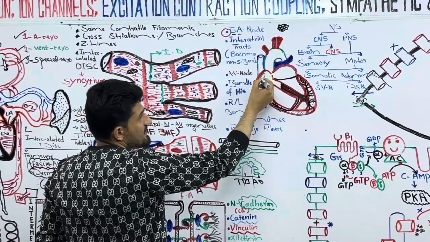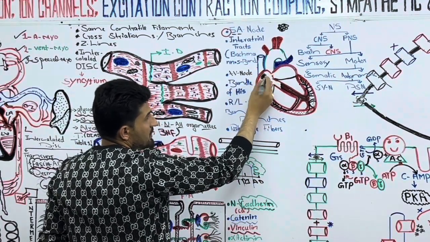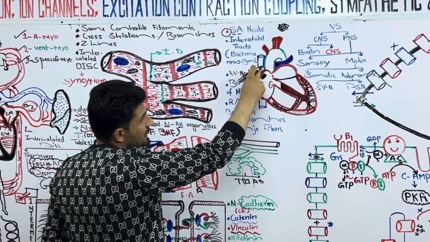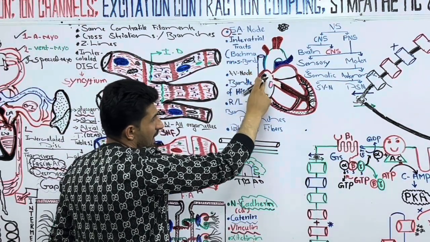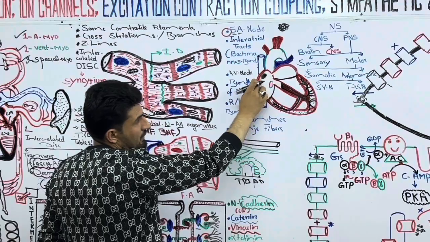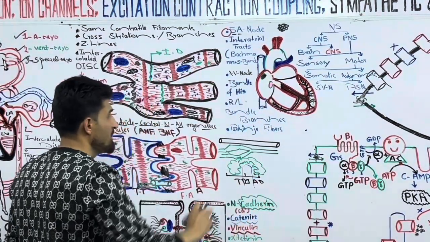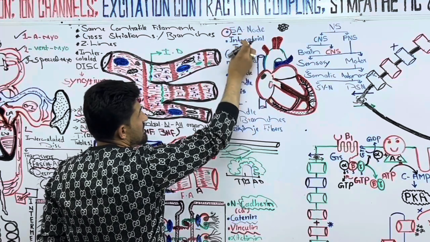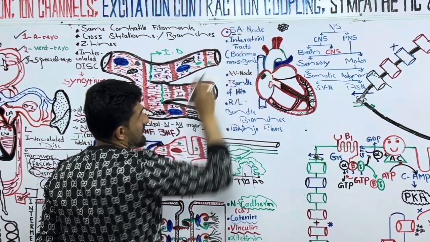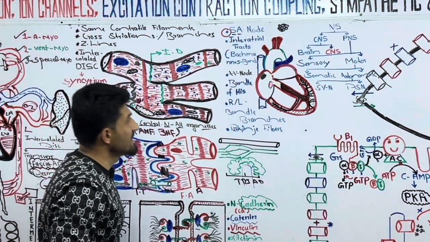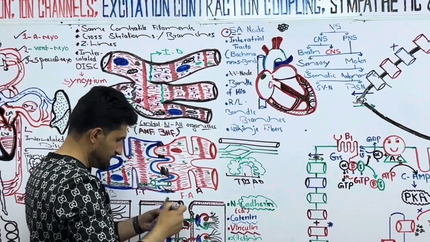This group of cells is located in the right atrium near the superior vena cava, in the posterior wall of the right atrium where the superior vena cava opens. Collectively, this group of cells is called the SA node, or sinoatrial node.